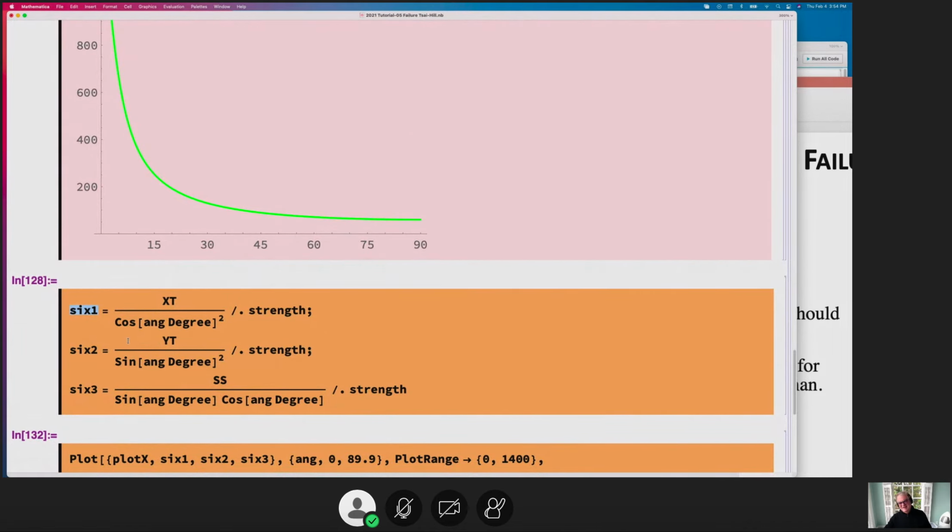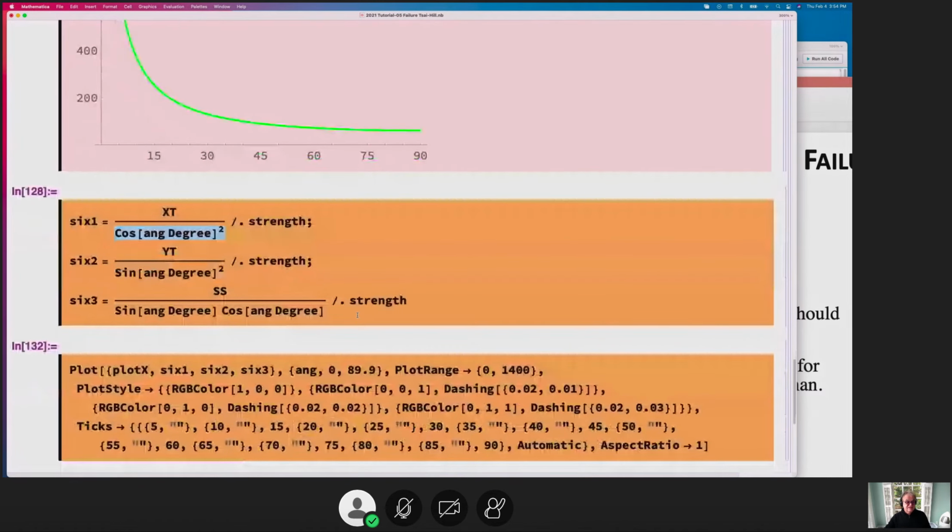This is the stress along the fiber direction, at failure, because I'm going to be evaluating its strength. And I'm going to assume the strength divided by cosine of the angle to be my strength value, or stress at failure.